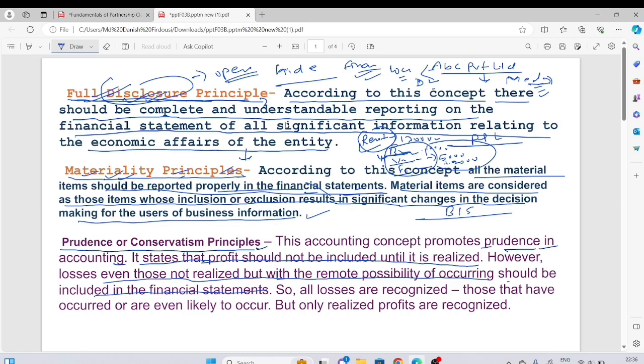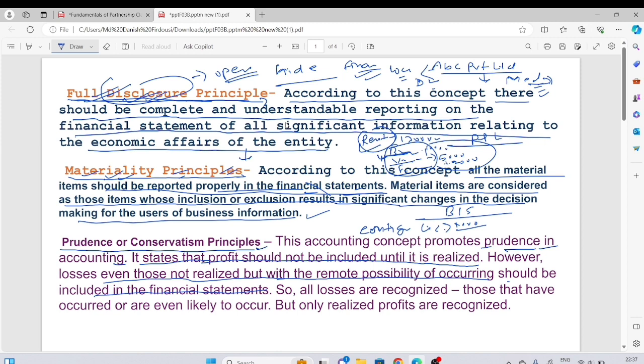You have no chance of creating a liability, but in future it may be. So you have to create a liability which is known as contingent liability, and you have to keep an amount of rupees 1000, 2000, like this. It means this principle shows that if there is any chance of profit, it should not be recorded until it is realized, until you get this profit.